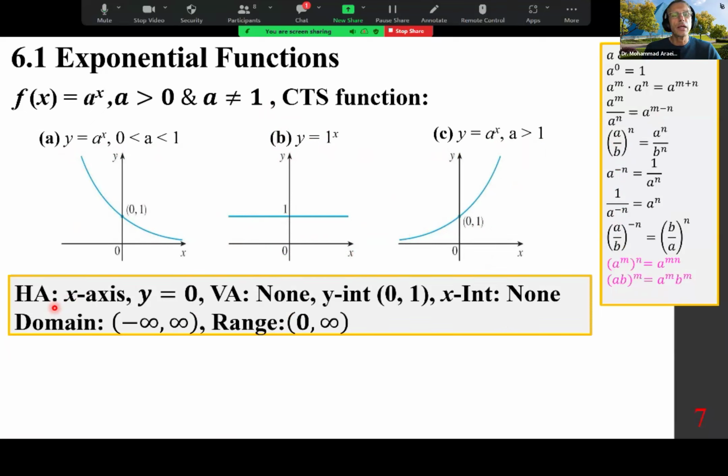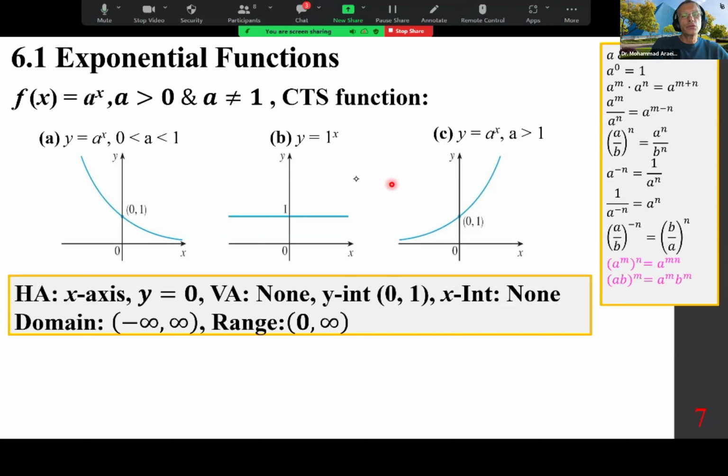HA, horizontal asymptote, in both cases, this one, so this graph as well as this graph represent exponential functions, not this one. This is just a horizontal line because the base is 1.